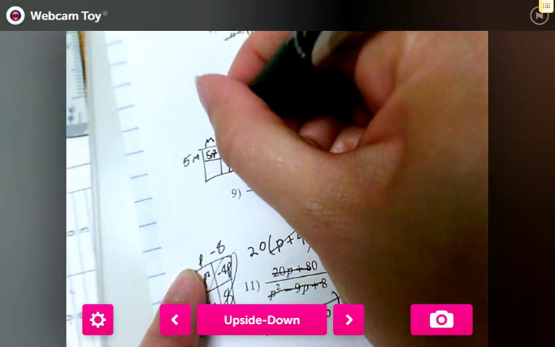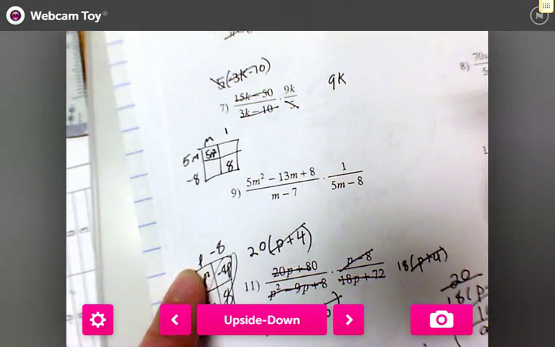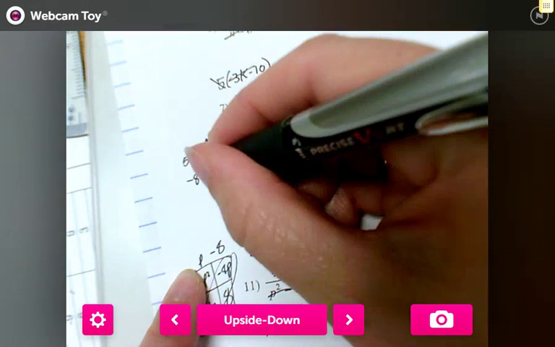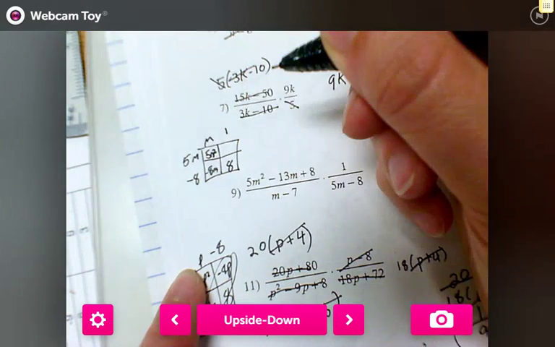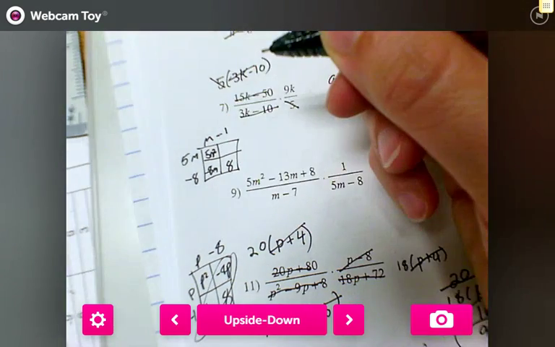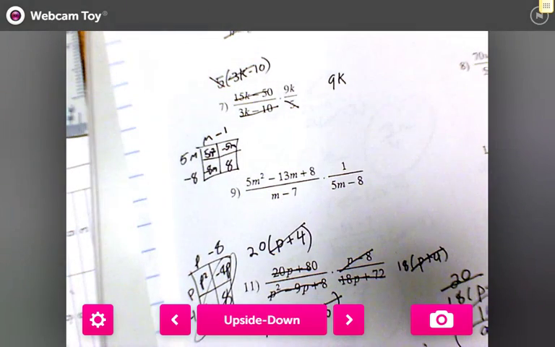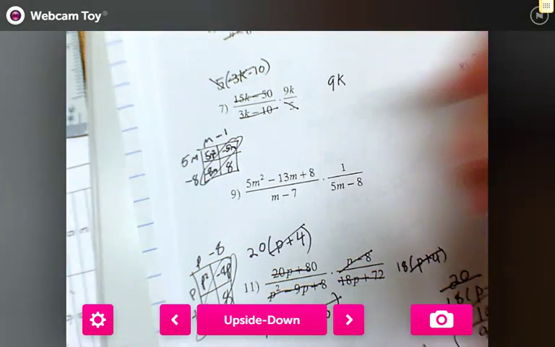If this is positive 1 and this is negative 8, I'm going to end up with negative 8m, and it's got to be a negative 1, doesn't it? Negative 5m, 8, 9, 10, 11, 12, 13. That adds to negative 13, so we're in good shape.